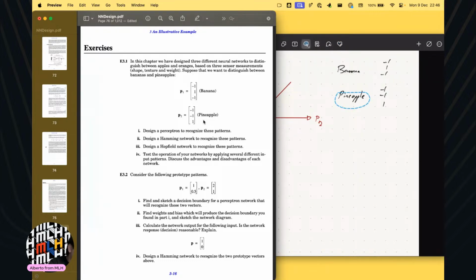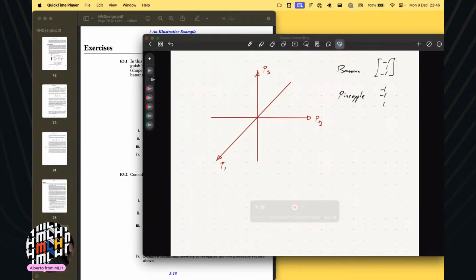Nice. So minus one here, minus one in two, and minus one in three. So this will be around here. Pineapple will be minus one in two, and one in three. So let's imagine this is the one.